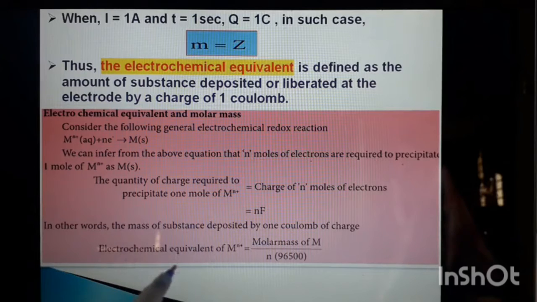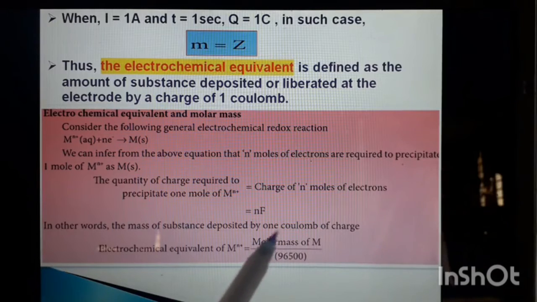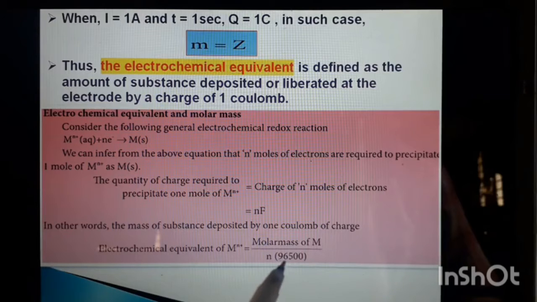In other words, the electrochemical equivalent of M n+, that is Z, is equal to the molar mass of the metal atom divided by n, where n is the number of electrons, divided by 96,500, the value of 1 coulomb. That is the concept. Another formula is there.